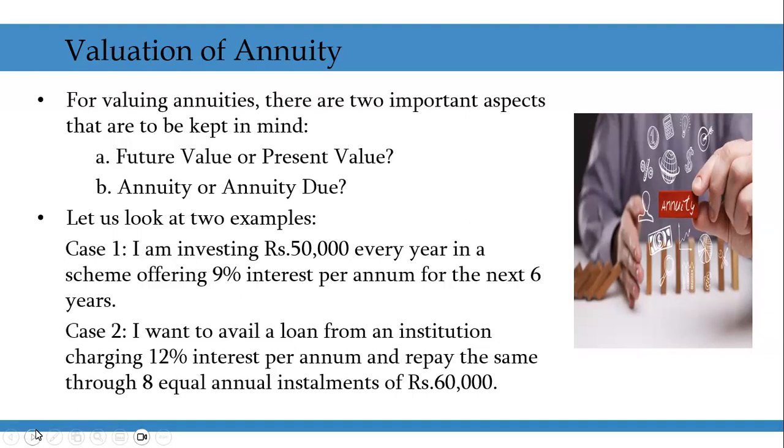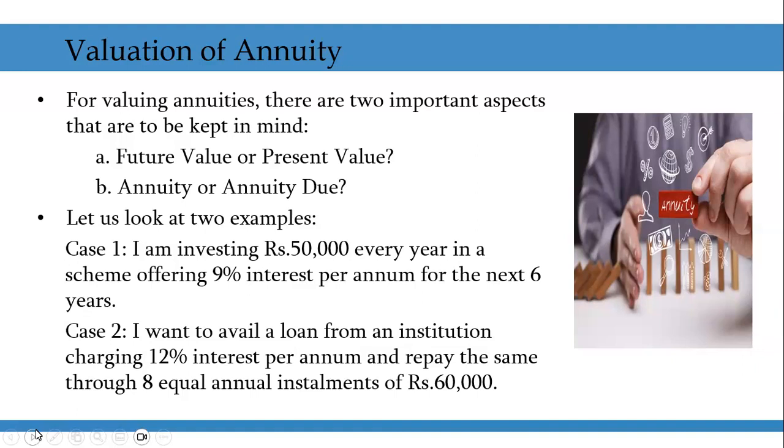It is very simple. All annuity cash flows have two components. One is the uniform recurring component, and the other one is a bulk or a heavy component. In some cases, a uniform component will start now, and at the end of the period, you will have a bulk cash flow. In some other cases, the bulk cash flow will happen at the beginning of the period, and then annuity will continue.